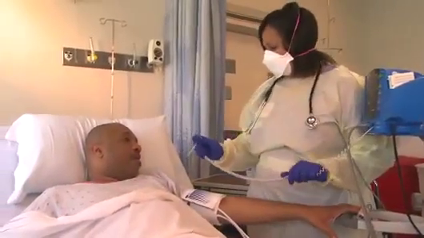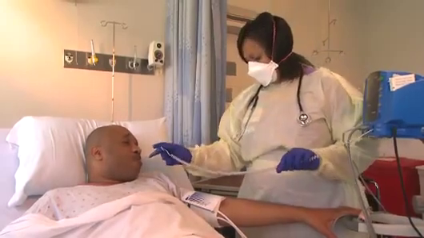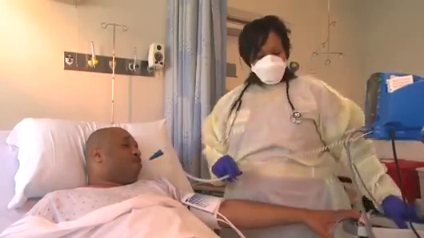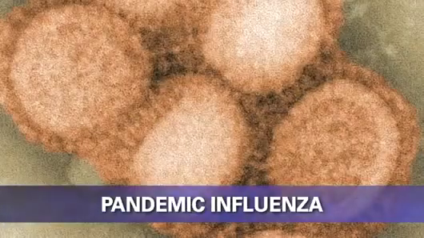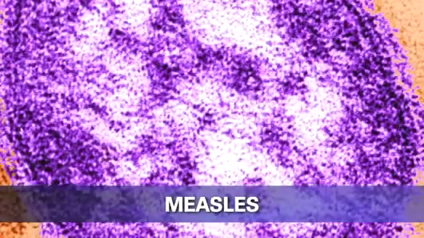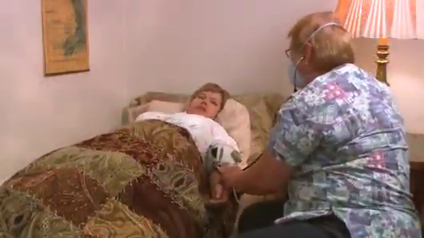Probably the most common use of respirators in healthcare settings is to protect workers against airborne infectious agents that cause diseases such as tuberculosis, SARS, pandemic influenza, chickenpox, and measles. Healthcare workers are exposed to these hazards during the care of patients suspected or confirmed to have airborne transmissible diseases.